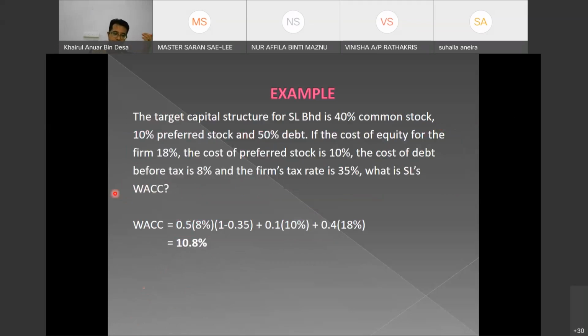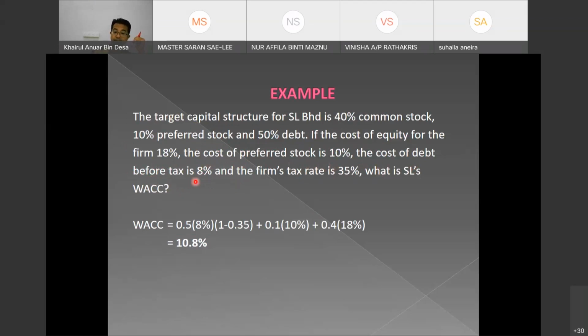Okay, again, dalam bentuk statement, the target capital structure for SL Berhad is 40% common stock, 10% preferred stock, and 50% debt. If the cost of equity for the firm is 18%, the cost of preferred stock is 10%, the cost of debt before tax.